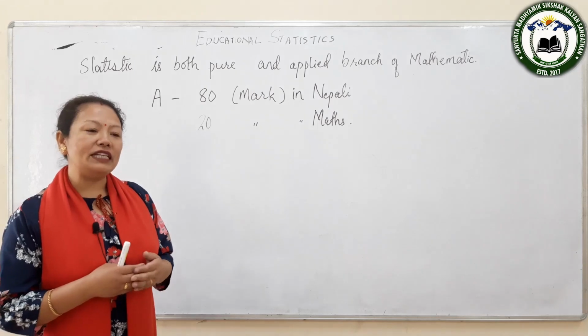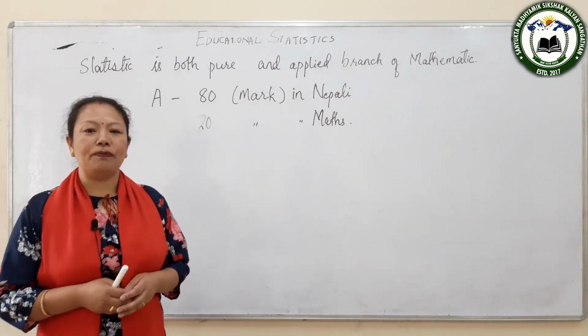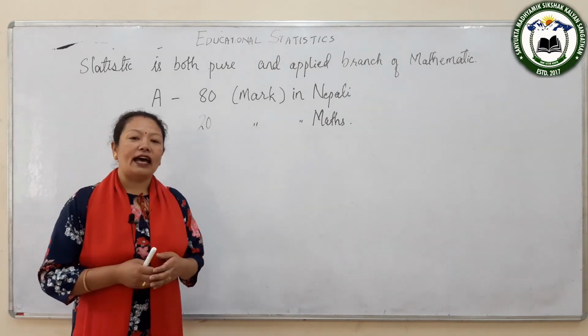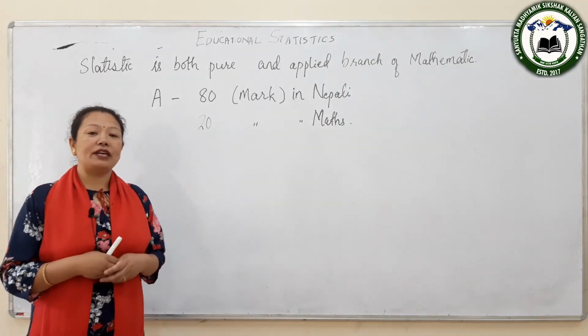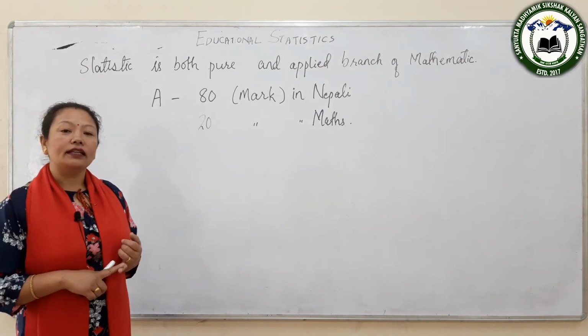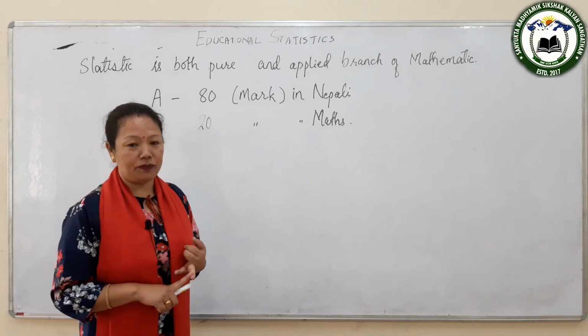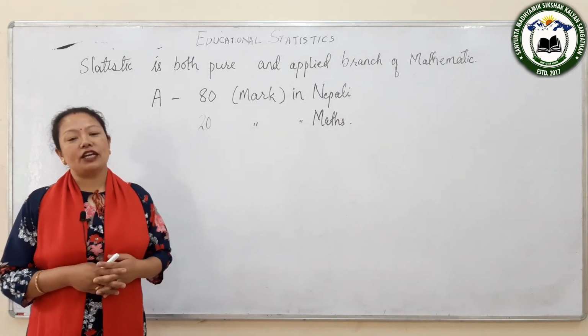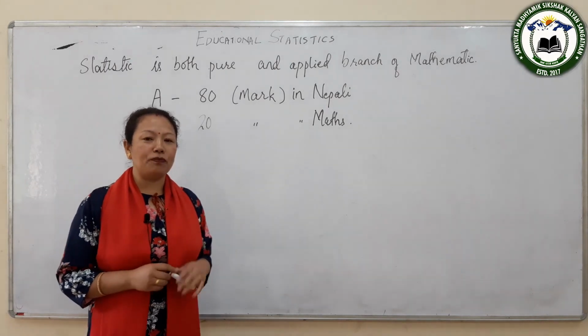But what we need is to assess the educational achievement. For that, there are two types of achievement which we can measure. One is the quantitative achievement, another is the qualitative achievement. Most educationists give importance to the quantitative achievement.